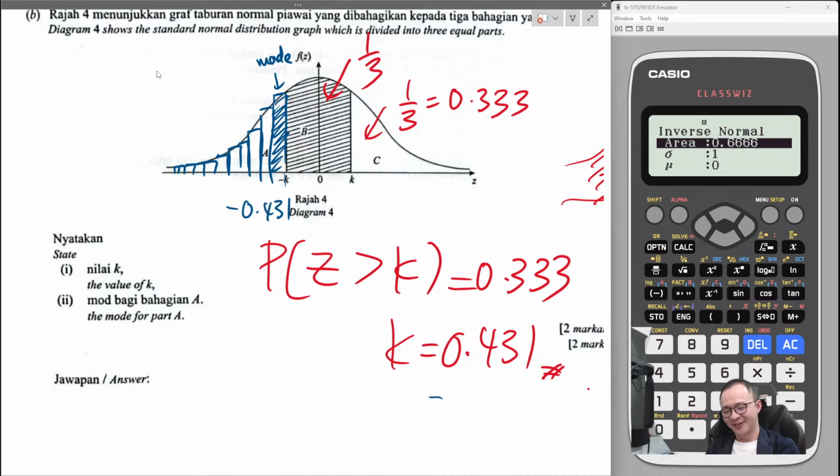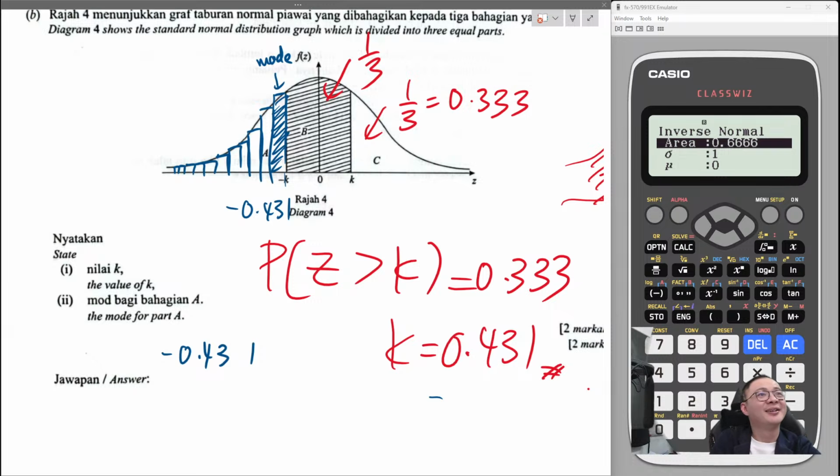So I will say the mode of A is negative 0.431. Is that the correct answer? Oh my god, don't tell me it's wrong. I thought I already opened that thing, but it's gone.